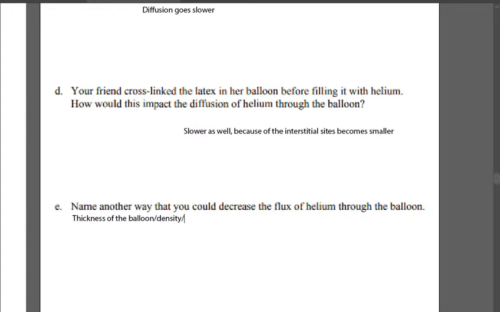Or you could change the crystal structure of the latex. Might not work anyways. But there's a couple ways for you to engineer the latex so the helium wouldn't actually escape out.